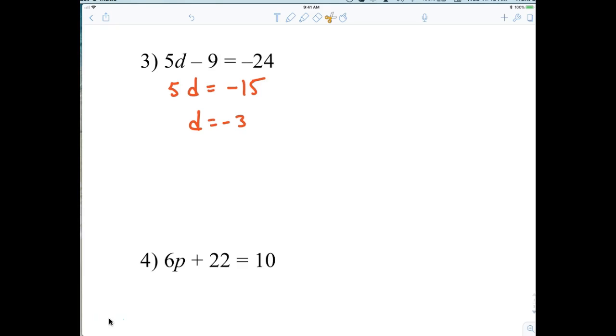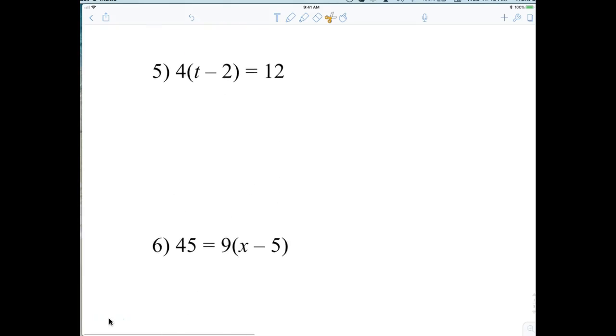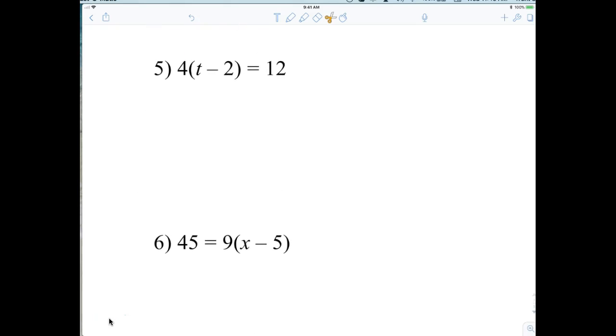Here we go. Let's take a look at number 5 now. Miss Bragdon, what am I going to do here? We can definitely distribute. Wait a minute. 2 times 4 is 6. Oh, no, negative 8. Thank you.